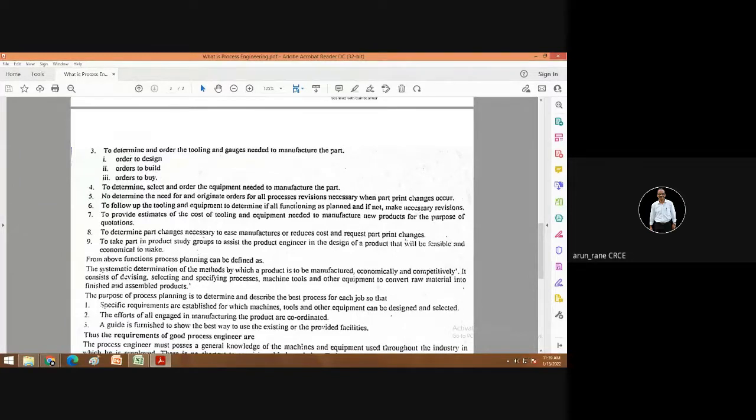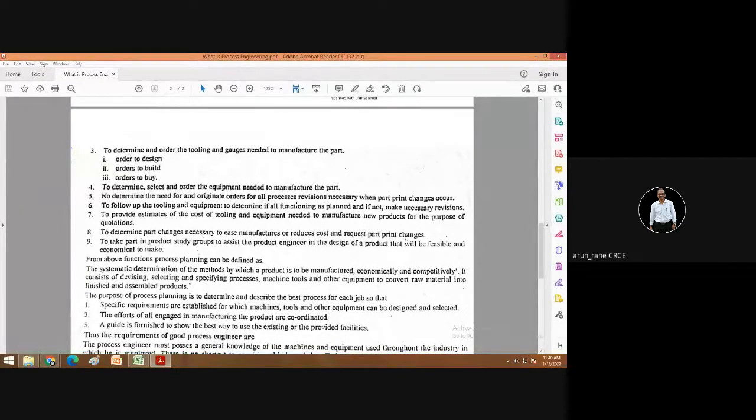Suppose the product engineer says no, I am not going for MS because MS gets corroded, I am going for stainless steel. Then the moment the product engineer changes to stainless steel, there will be a difference in the process plan. So immediately the process engineer has to change it.